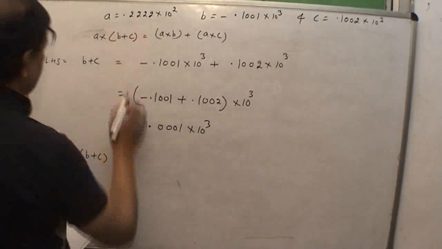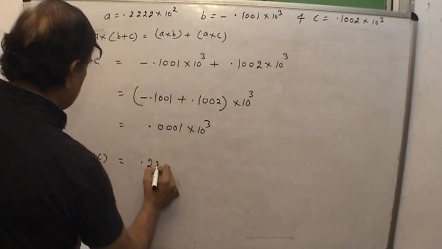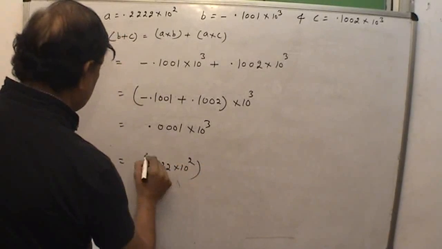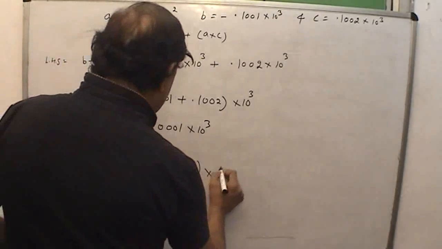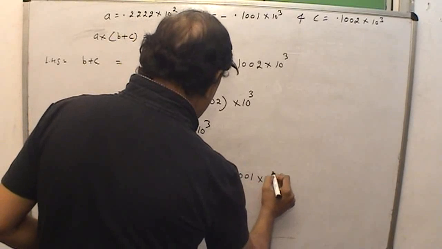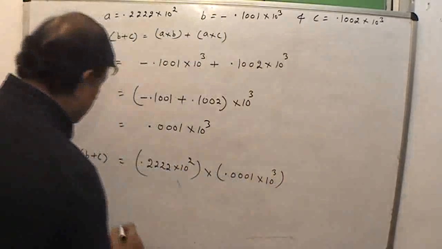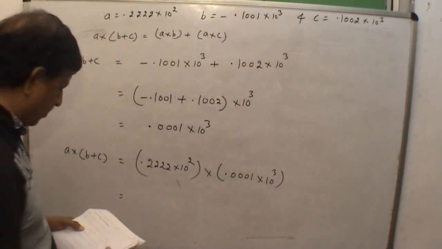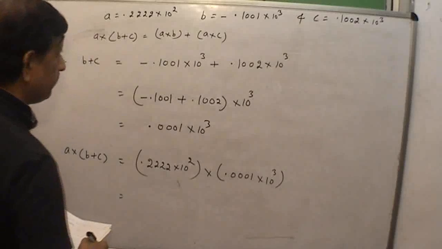That is equal to what is A? 0.2222 into 10 raised to the power 2 multiplied by 0.0001 into 10 raised to the power 3. That is simple. In the multiply, bases are same, powers are added.